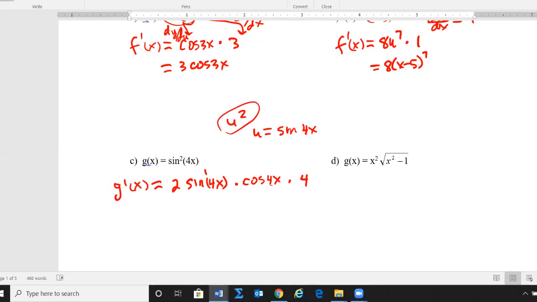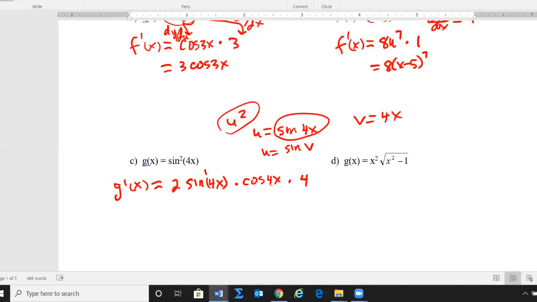Then that u is a sine function. It's not the sine of x. You could say u equals the sine of v, right? And v is the 4x.